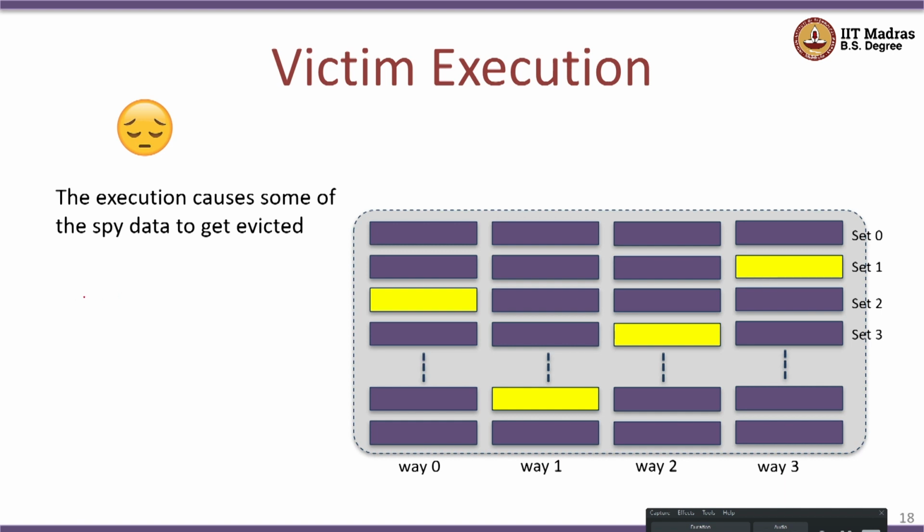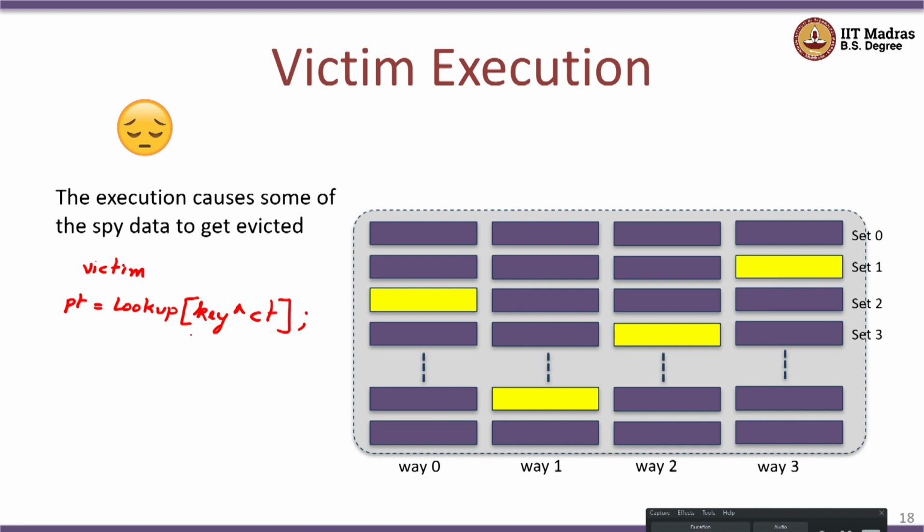So for instance, in the example victim that we have seen, there is a statement such as pt equal to lookup of key XOR with ct, right? So when the victim executes, we are assuming that this particular access is essentially performed.